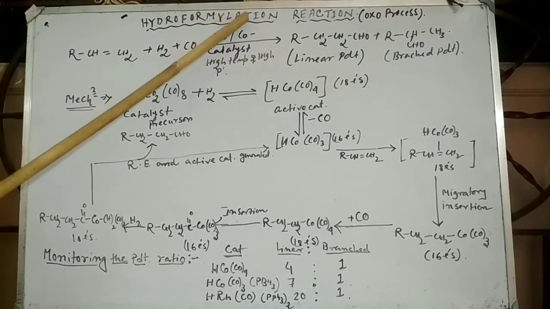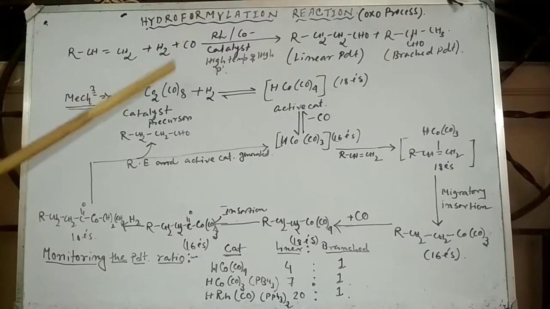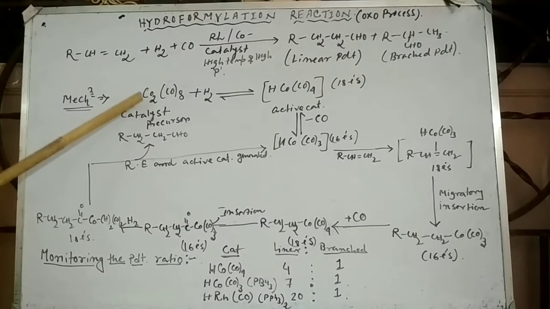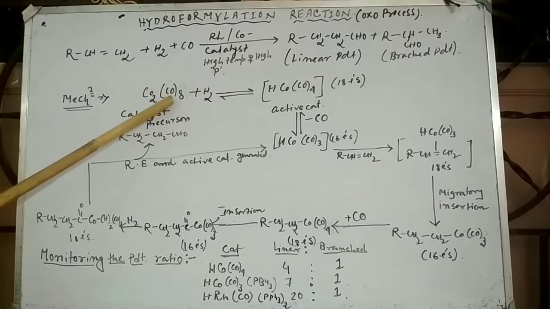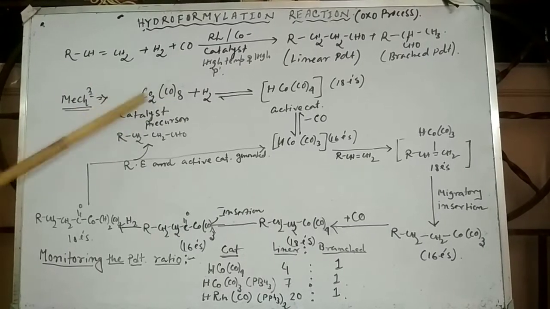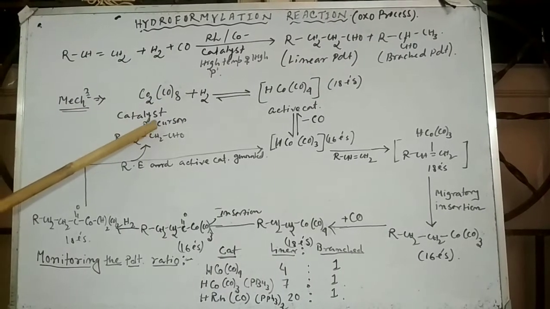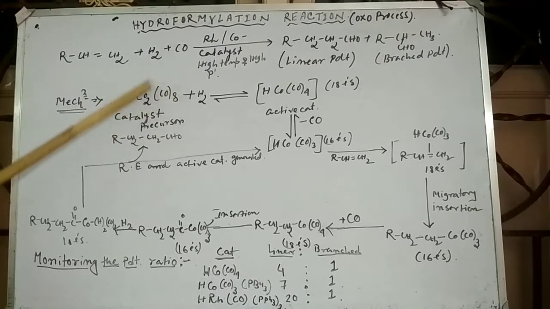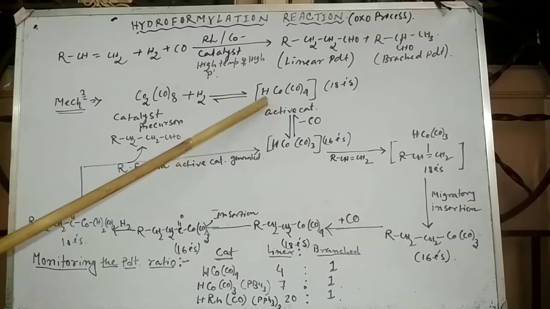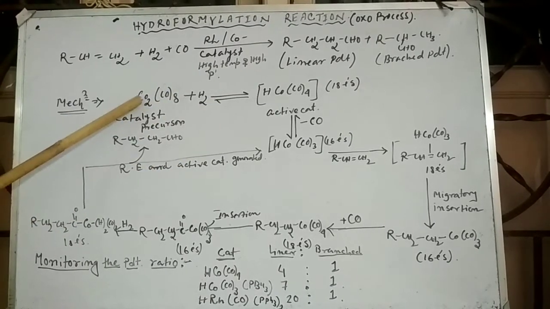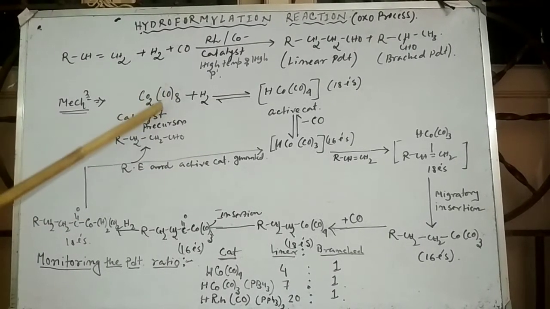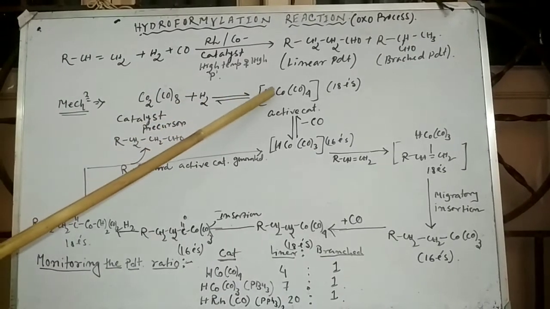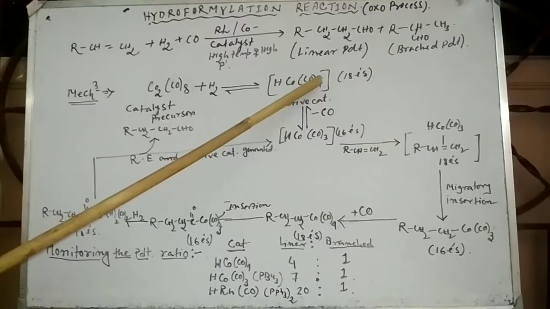In the hydroformylation reaction, we use a cobalt catalyst, Co2(CO)8, which acts as a catalyst precursor. That means this species generates the active catalyst. Firstly, Co2(CO)8 reacts with H2 to form HCo(CO)4.